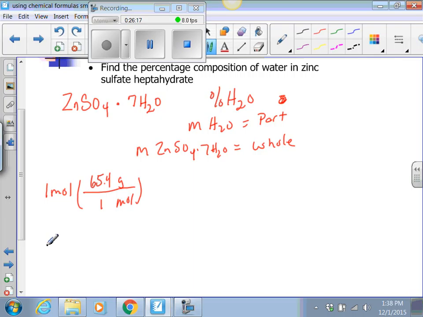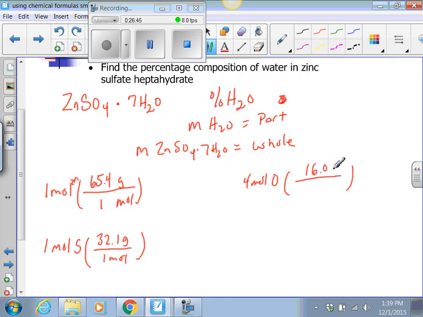We've got 1 mole of sulfur. Sulfur has a mass of 32.1 grams for every 1 mole. We've got oxygen. How many moles of oxygen do we have? 4. That's times 16 grams for every 1 mole.